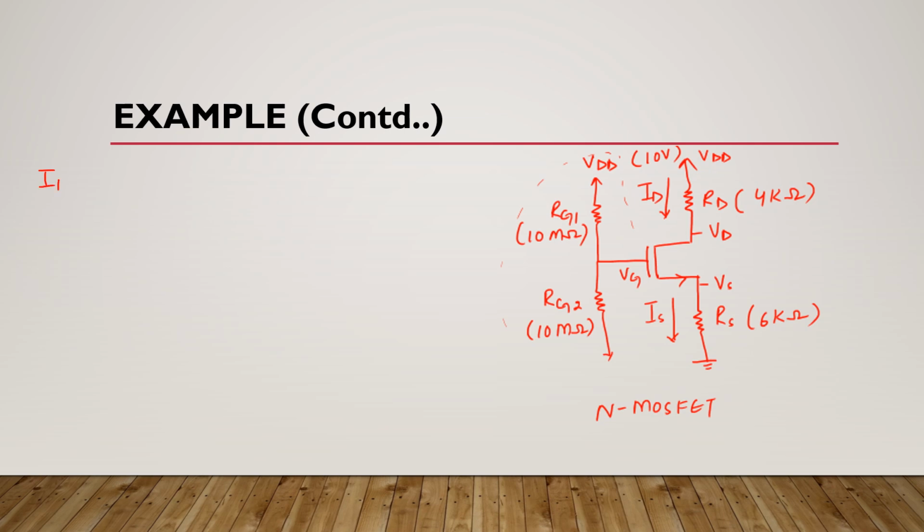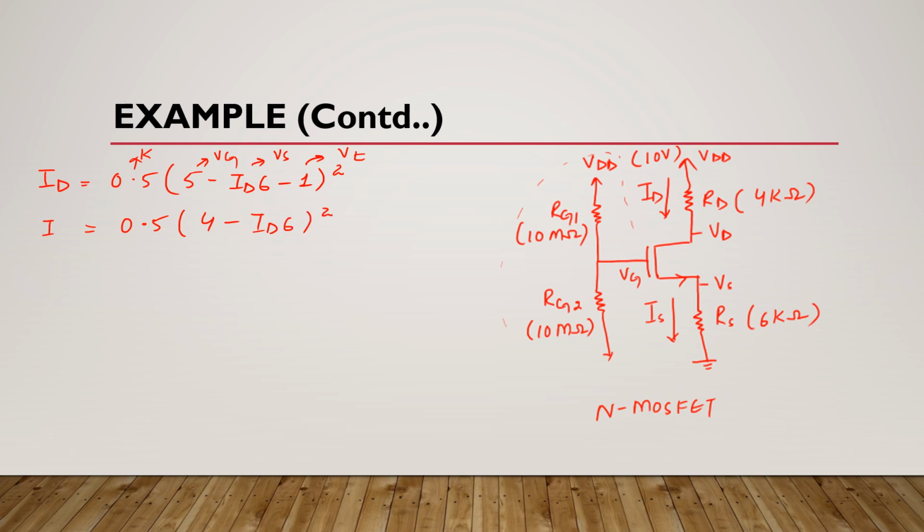So it becomes ID is equal to 0.5 times (5 minus ID times 6 minus 1) whole square. We know that this is Vg and this is Vs and this is threshold voltage and this is the value of K. Now if we simplify this equation, we get (4 minus 6 ID) whole square.